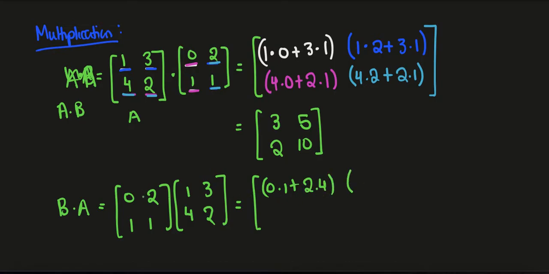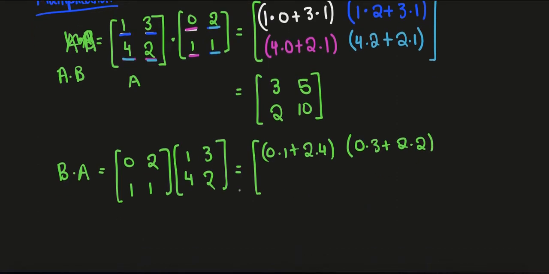For this entry, we'll get 0 times 3 plus 2 times 2. For this entry, we'll get 1 times 1 plus 1 times 4. And for the final entry, we'll get 1 times 3 plus 1 times 2.